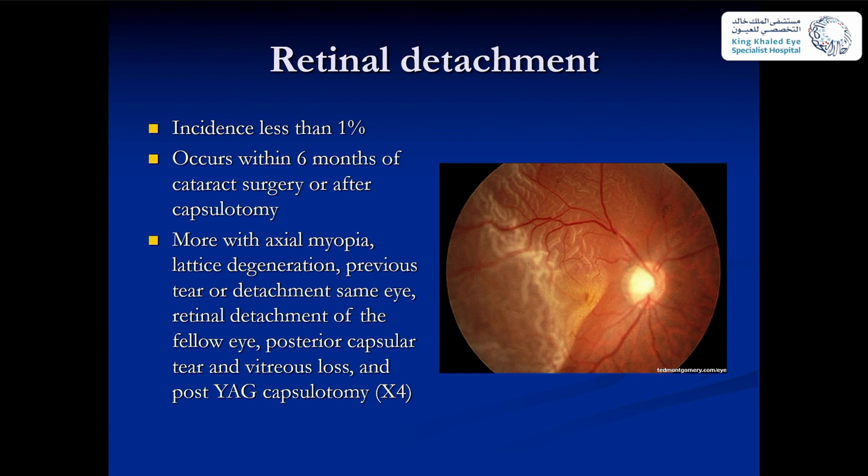And post-YAG capsulotomy, it was said in one study that it increased the risk by 4 folds. So we have to make sure that the patient is aware of the symptoms and can report to the ER if there are any, or you can do a retina checkup to make sure that there is no peripheral break or tear before you make your capsulotomy.